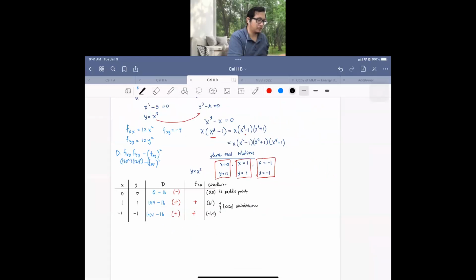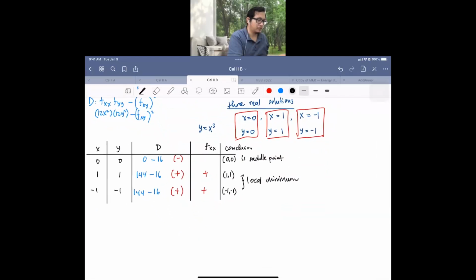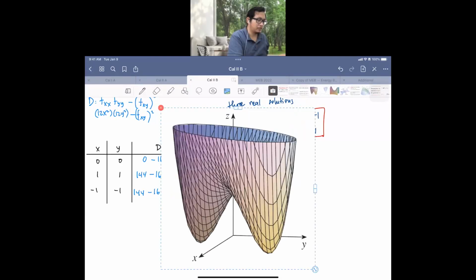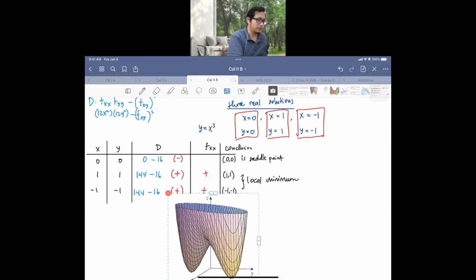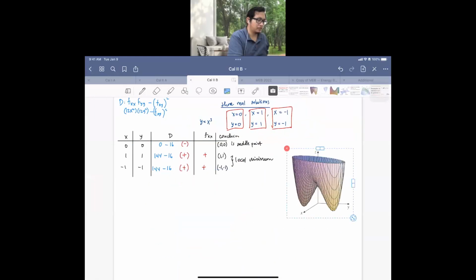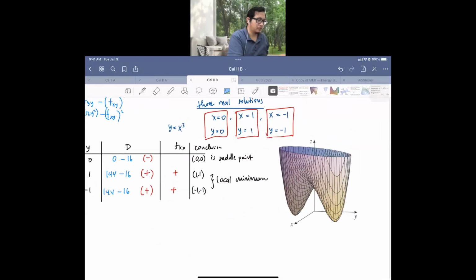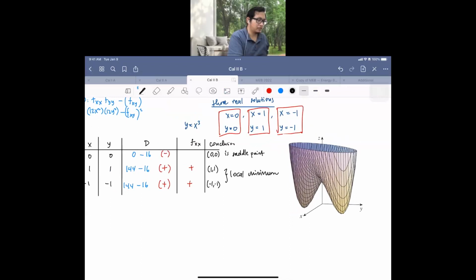Now if we check the graph, with these 3 points, we can have this graph. This part is the saddle, it is 0, 0, and this will be 1, 1, and this will be negative 1, negative 1.